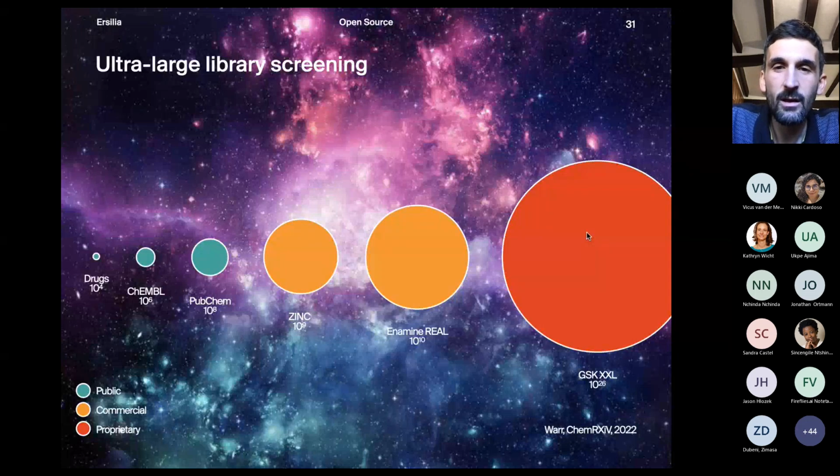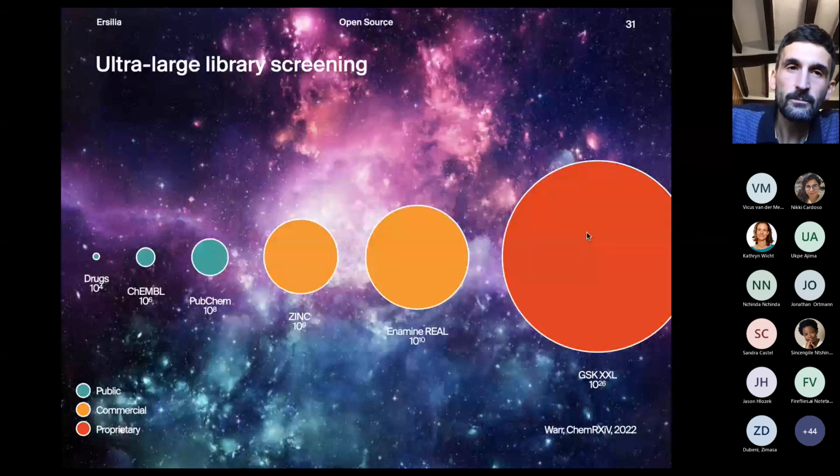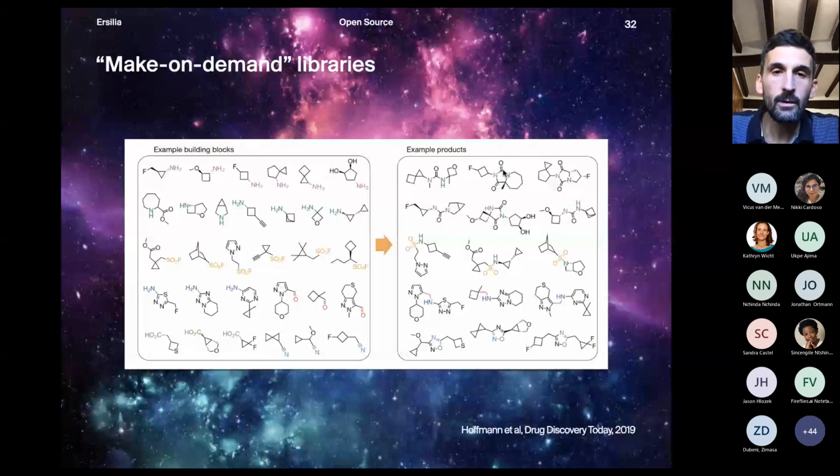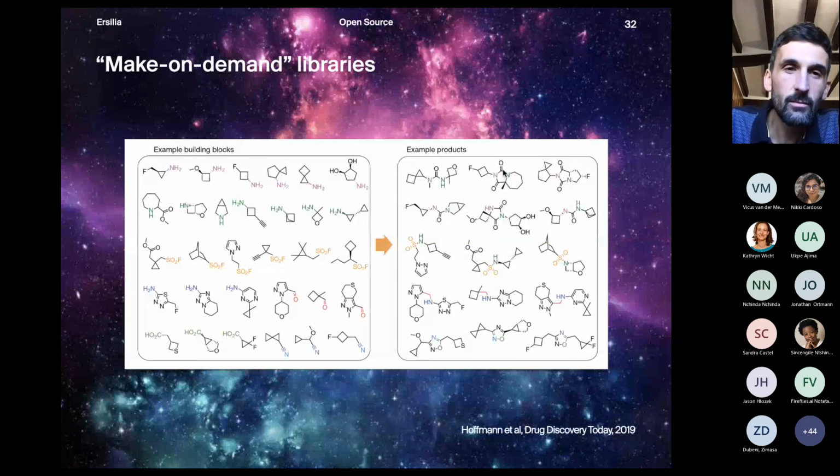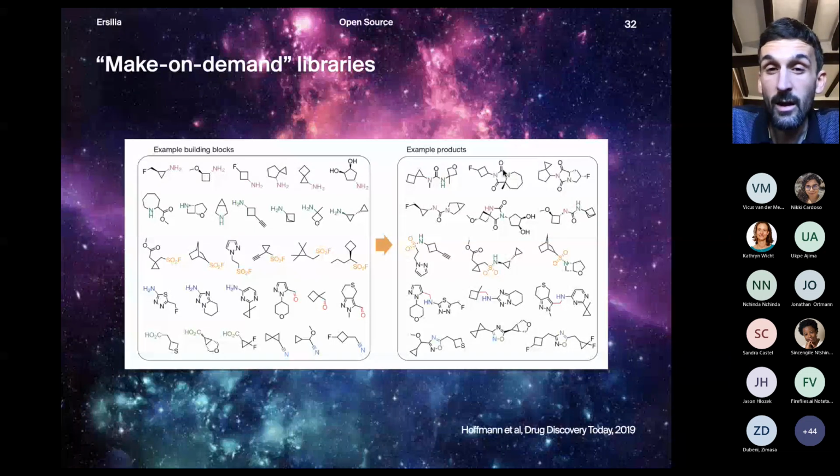So the question is, how can we possibly screen those libraries in a way that is efficient and reliable as well? Well, AI proposes some solutions to that, especially applied to this concept of make-on-demand libraries. I think the most well-known example is the Enamine REAL library.